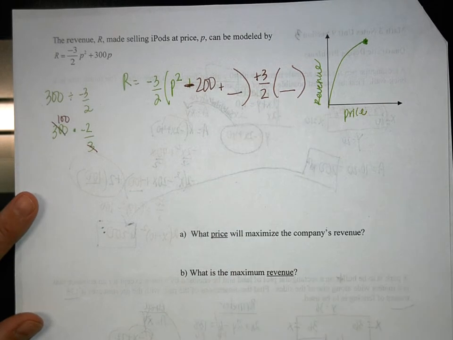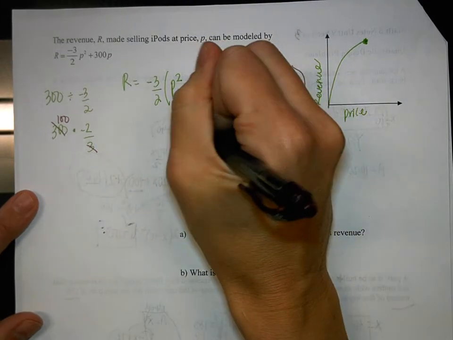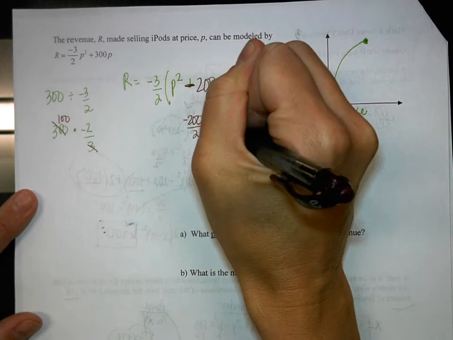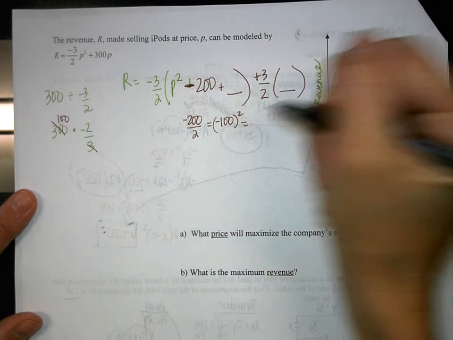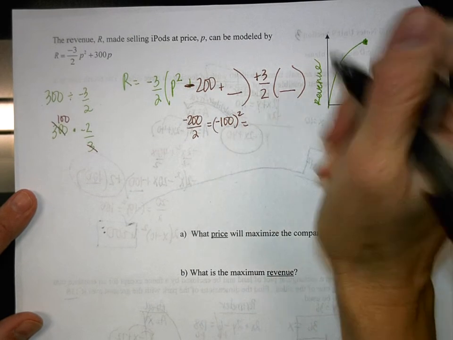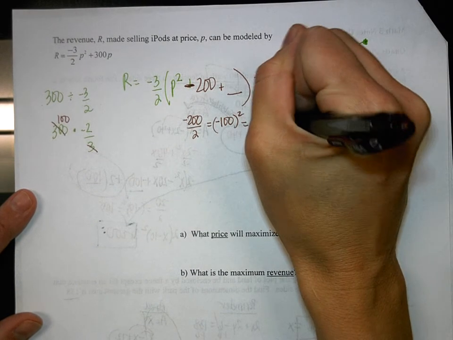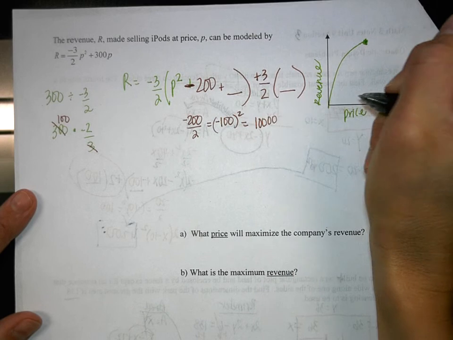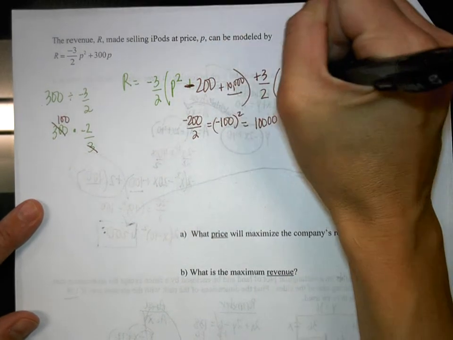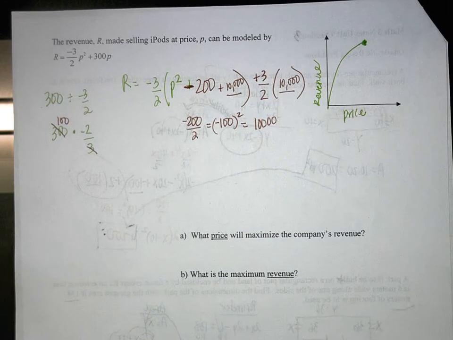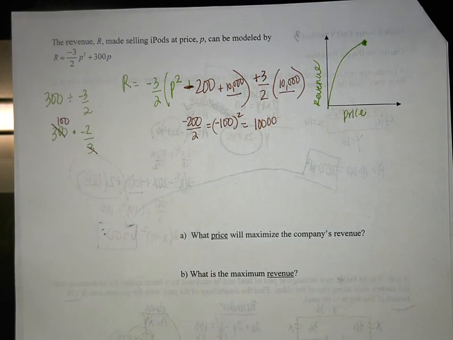How do I complete the square? Good. Negative 200 divided by 2 is negative 100, and when I square it, I get, yes, 10,000. So this is 10,000, and this is also 10,000. Yes. Okay. Sorry.